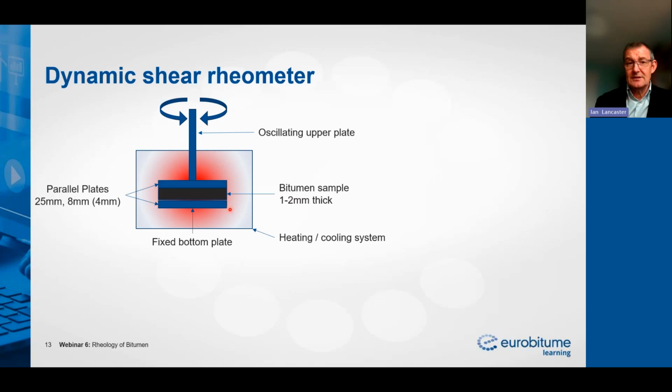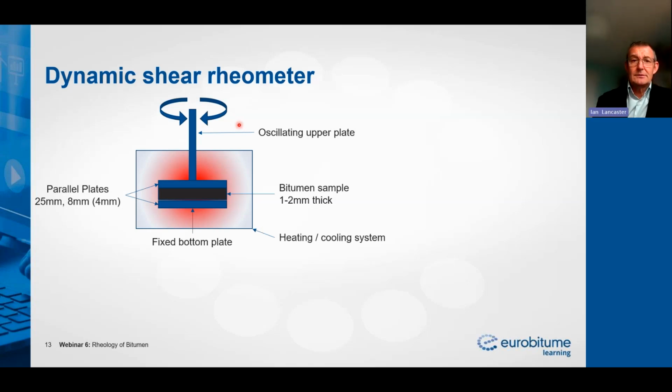Usually we have a fixed bottom plate. On top of that, we apply our bitumen sample. On top of that, there's an oscillating upper plate, and the whole thing is in a temperature controlled environment. So it has a heating and cooling system that's applied. Those are the common elements.